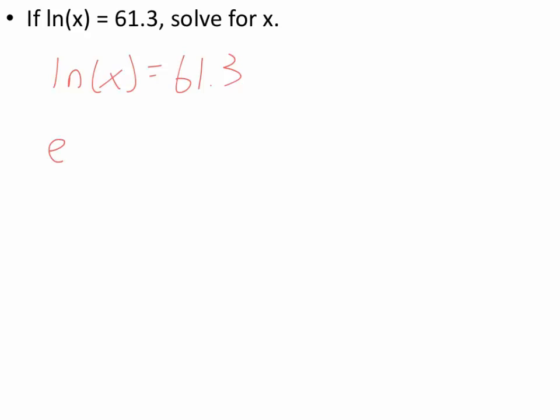So again, the base of our logarithm in this case is e, raised to then both sides. So e raised to the natural log of x is equal to e raised to the 61.3. And then on the left side here, the e raised to the natural log will cancel because we have the logarithm and the anti-log. So now we just have x is equal to e raised to the 61.3.